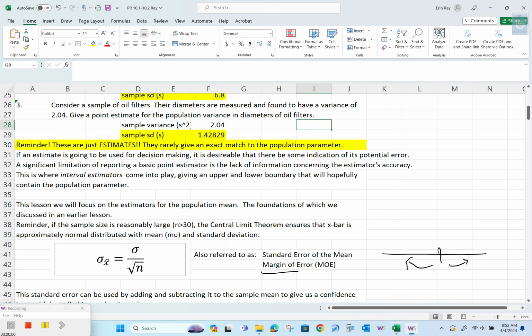So remember, on your bell curve, you don't have to draw this, just kind of listen here. On your bell curve, one standard deviation each way is 68% of all values will fall within one standard deviation. And then within two standard deviations, that was 95% of all values, okay, would be within two standard deviations.